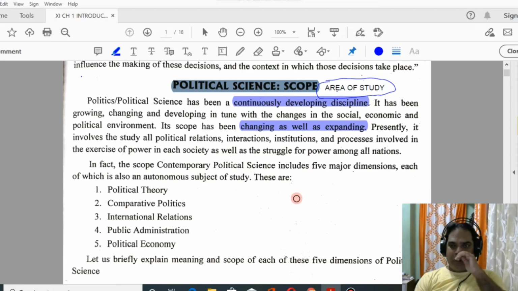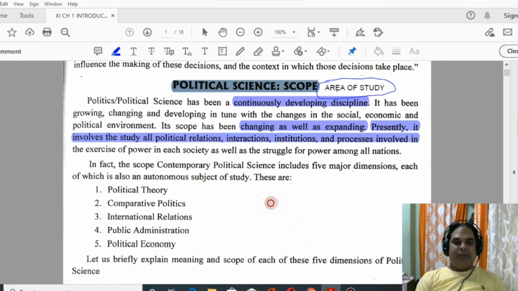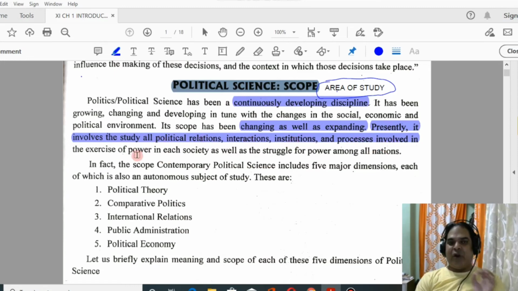Okay, children. Now you can see here, presently the study of political science is the study of political relations, interactions, institutions, and processes involved in the exercise of power in each society, as well as the struggle for power among all nations.